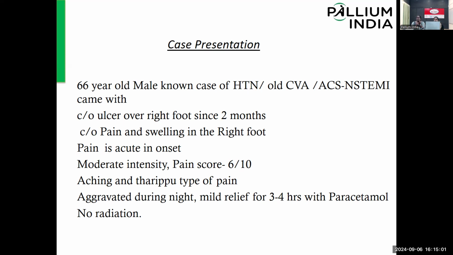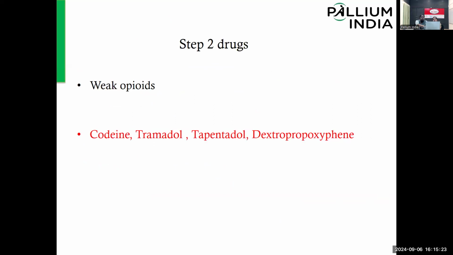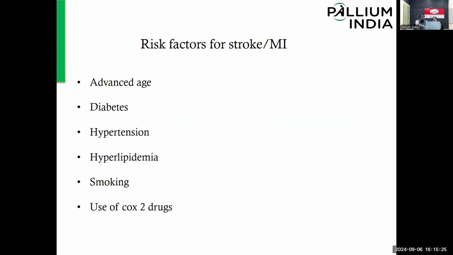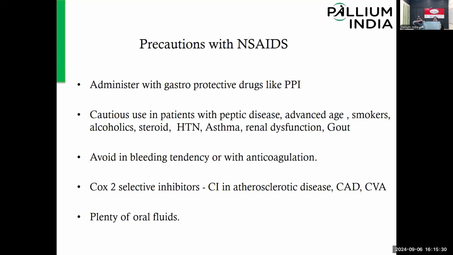Oral hygiene is okay, that is important but not much before starting NSAIDs. First one is plenty of oral fluids, then PPIs. Then ask whether there is any history of GI bleeding or any kidney disease.